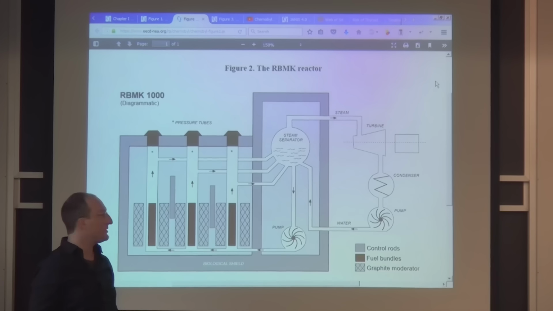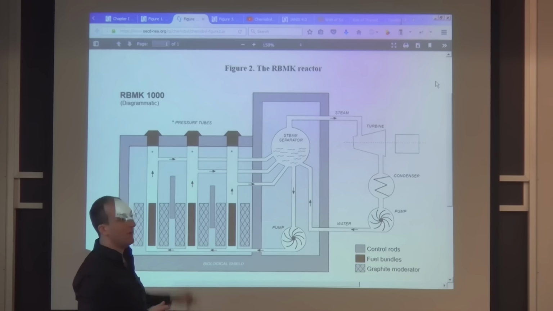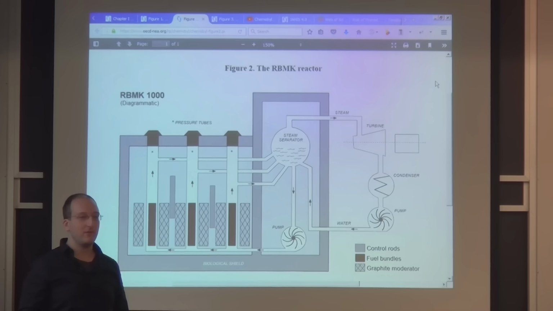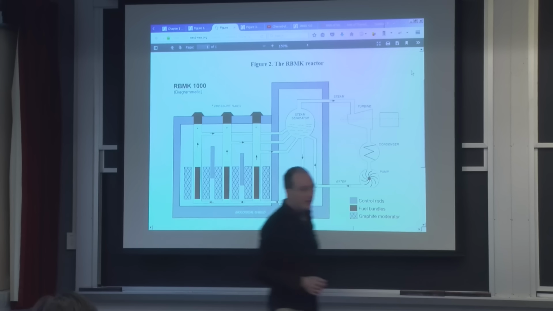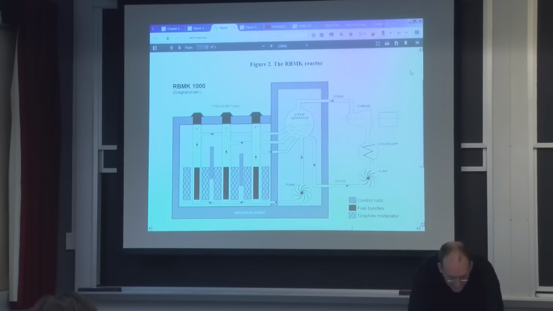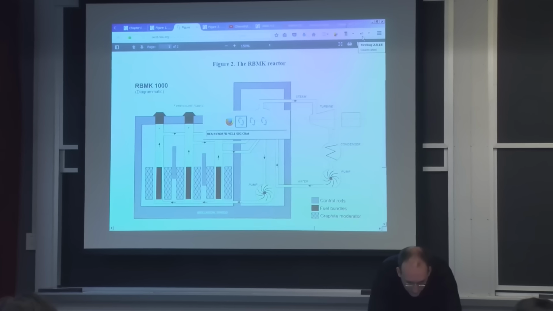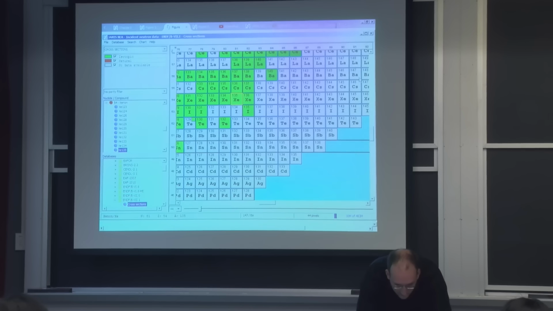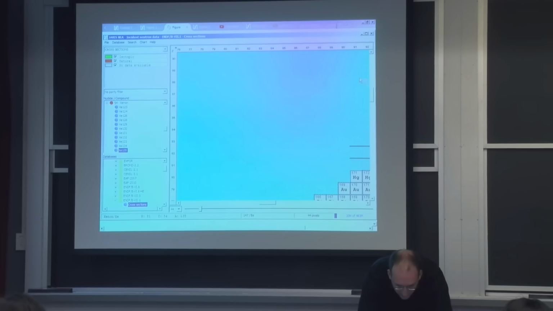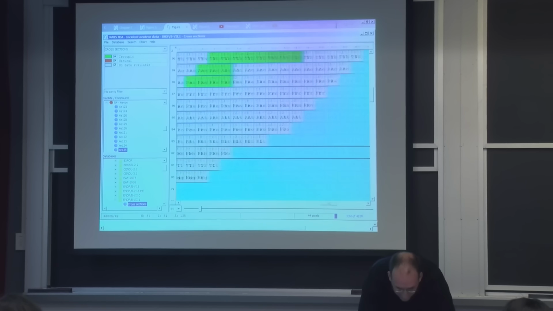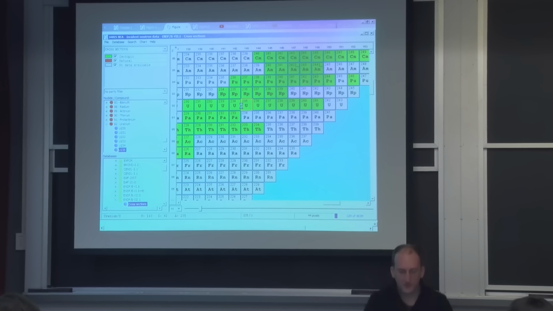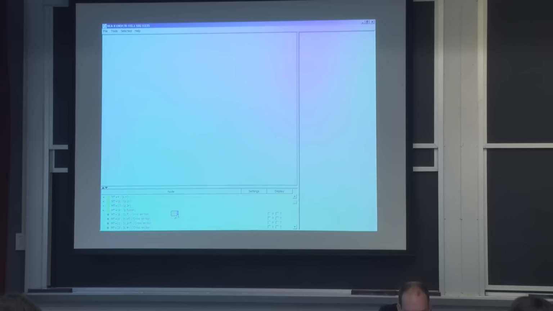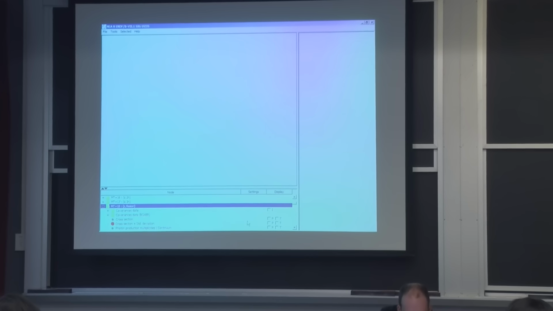Graphite also existed, which meant that if the water went away, which would normally shut down a light water reactor from lack of moderation, graphite was still there to slow the neutrons down into the high fission cross-section area. And I'd like to pull up JANUS and show you what I mean with the uranium cross-section. So let's go again to uranium-235 and pull up its fission cross-section, Z fission.